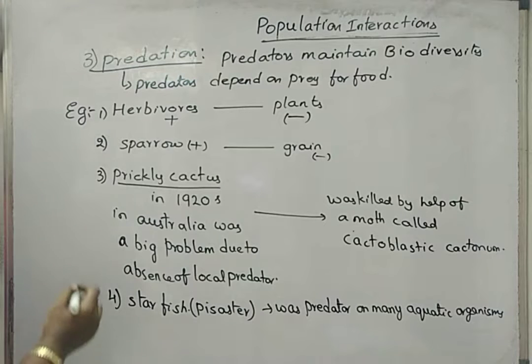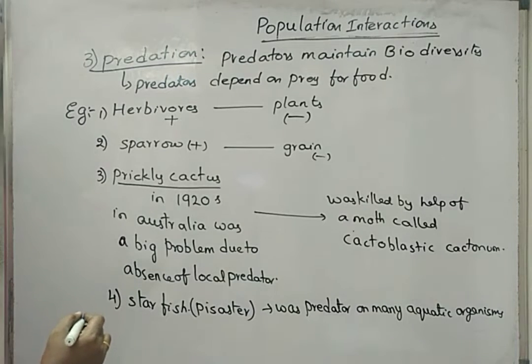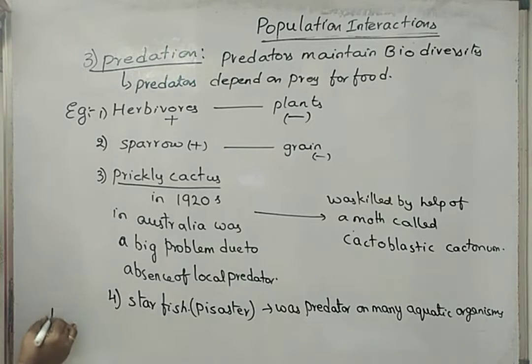So what happened? In evolution, even the prey is developing some adaptations for their existence. They are trying to escape from the predators.